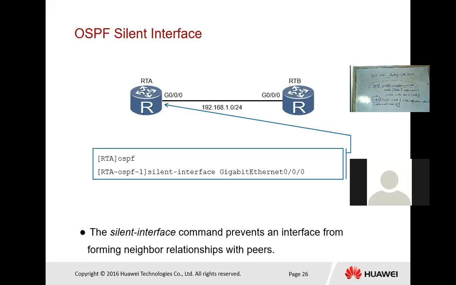The command silent-interface GigabitEthernet, whichever link you have, can define the specific interface that has restricted OSPF operation. Alternatively, the command silent-interface all can be used to ensure that all interfaces under a specific process are restricted from participating in OSPF.